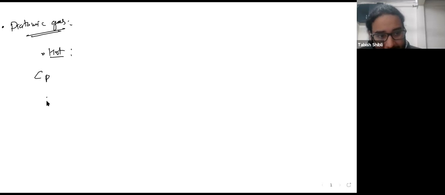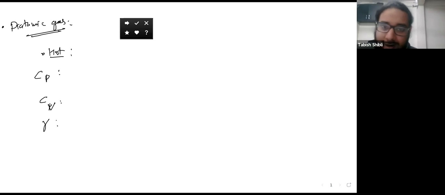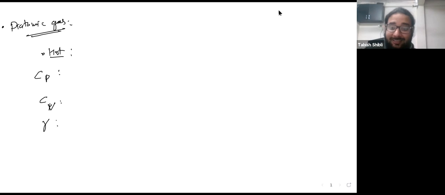Calculate CP, CV, and gamma. यार देखते ही बता देना चाहिए तो 3R, 4R, 4 by 3. हाँ, why 3?